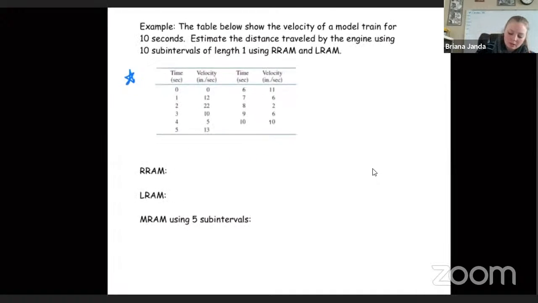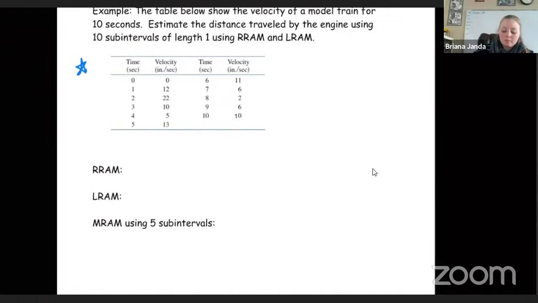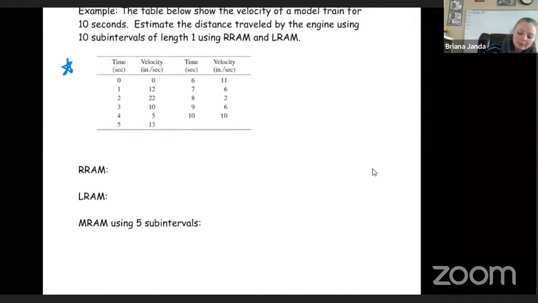Okay, so let me zoom in on this just a little bit here. So as we do this, and again, this very first time that we're doing this, what we might want to do is just give ourselves a visual of what's happening with this table of data. So if I were to repeat what we did earlier, I would put my velocity here, which would be my inches per second.